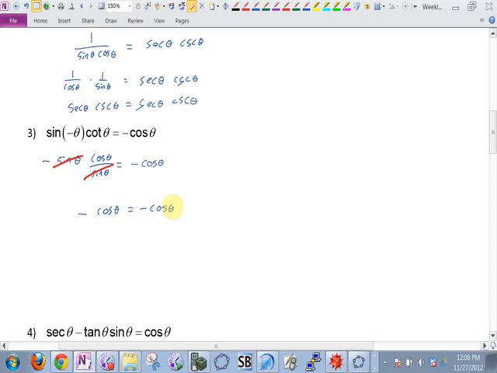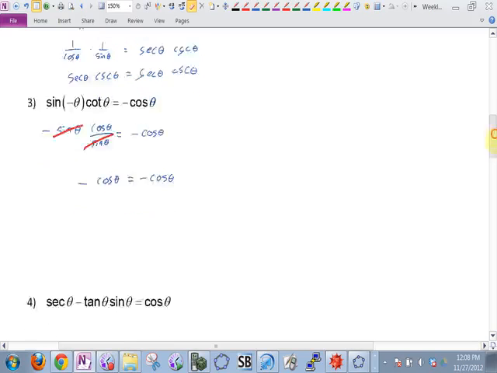I saw some people multiply by the opposite reciprocal. If you multiply something by its opposite reciprocal, you're changing its value, so you're changing the problem. You've got to make sure from one step to the next you're not altering anything, like multiplying top and bottom of a fraction by the same thing, or canceling when you have something in the numerator and something equal in the denominator.